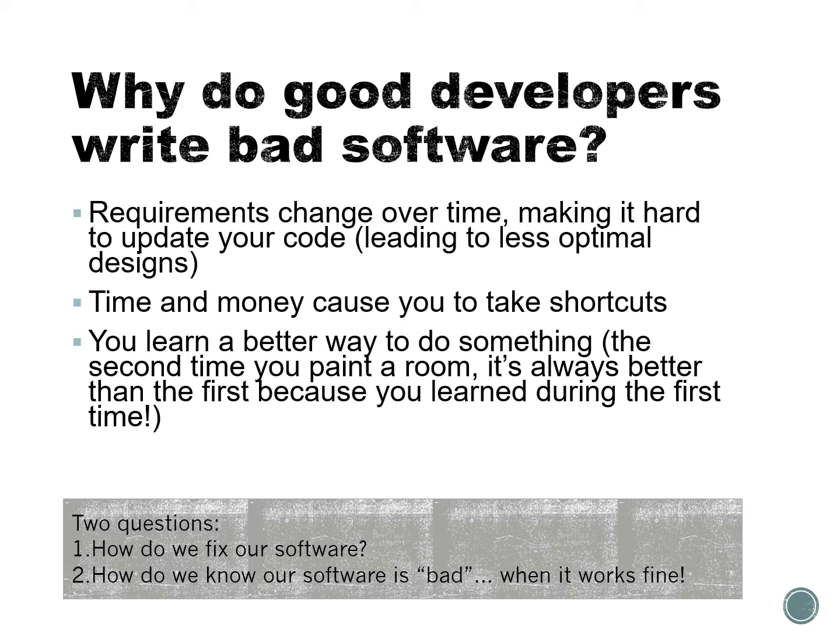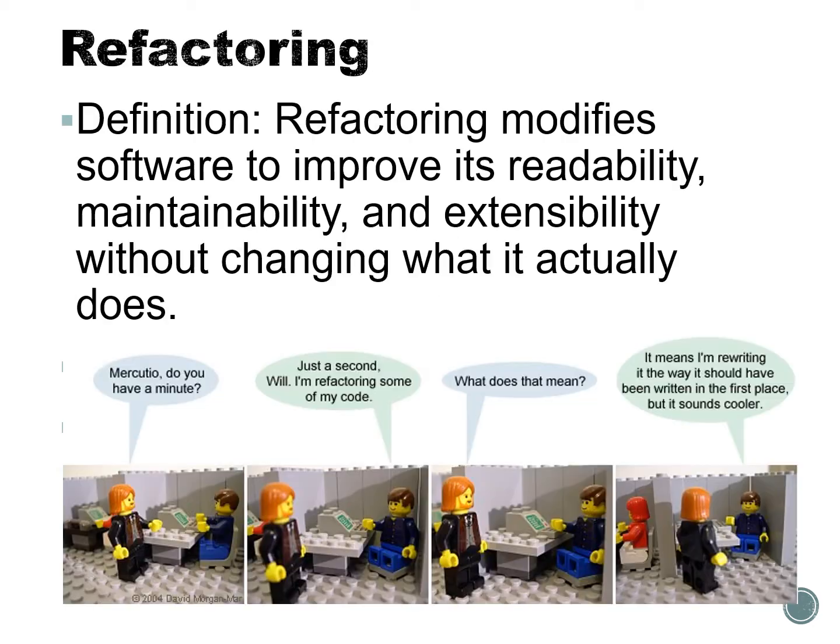Also, time and money are things that most organizations might not have. And in general, what is bad software? The question here is, how do we know our software is bad when it works fine? Well, if it has technical debt, it's not the end of the world. If it's difficult to maintain, that's the level where we need to consider that we might want to fix something. So this brings in the refactoring work.